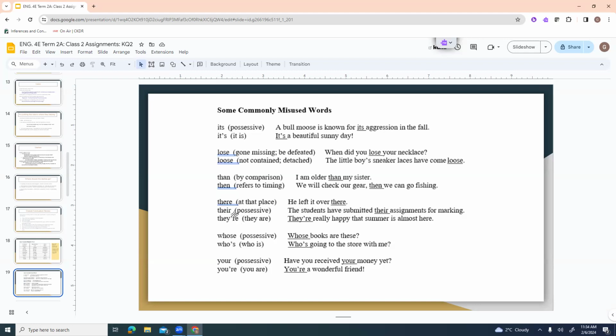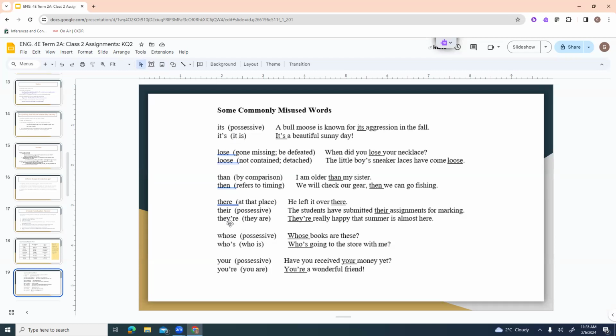This one is possessive, THEIR. The students have submitted their assignments for marking. And then we've got they're, which is the contraction. So for this one, it's they are. We've left off the A and put an apostrophe there, but it still gets said the same way as the other ones. They're really happy that summer is almost here. Now, just like above, it's the possessive getting mixed up for the contraction.